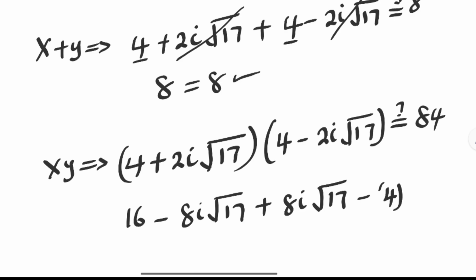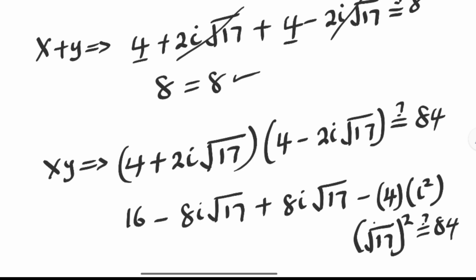This will be 4 multiplied by i square multiplied by square root of 17 square must be equal to 84.